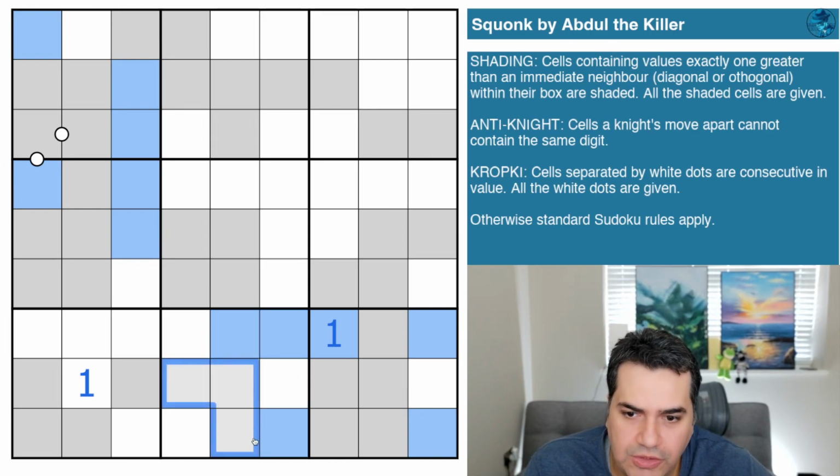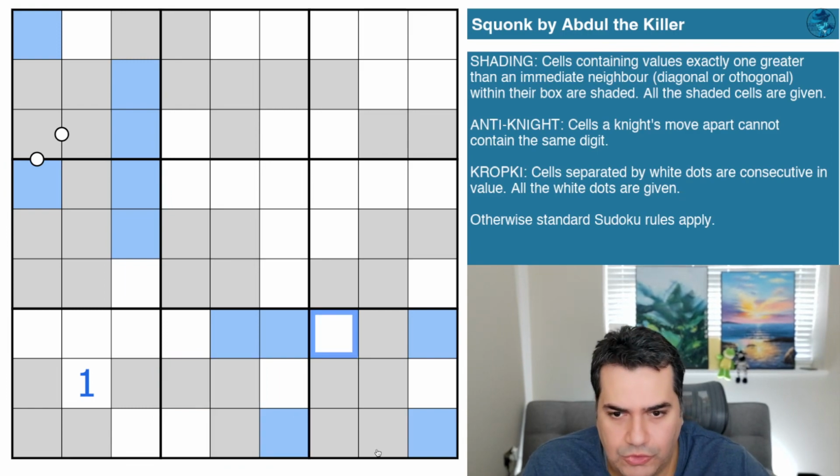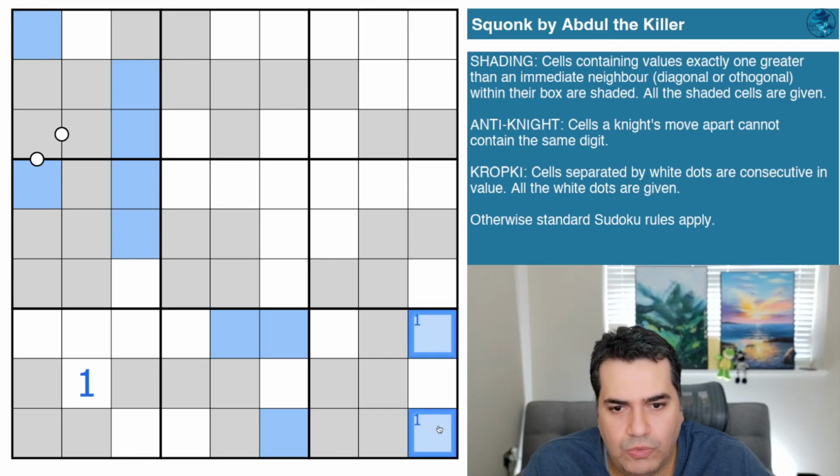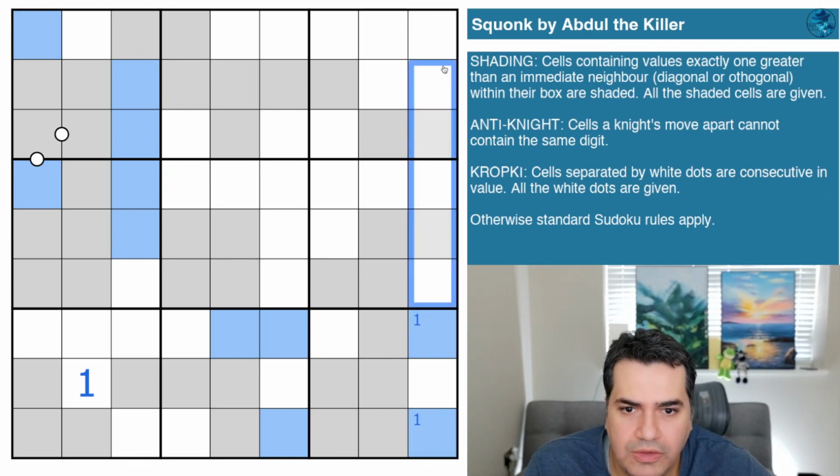And you can immediately see that's a problem because I would have to put it on a shaded cell where we've already demonstrated that's not possible. So I think I'm onto the right track here by thinking about 1s. 1 is now in one of these 2 cells and therefore in none of these. I like where this is going.